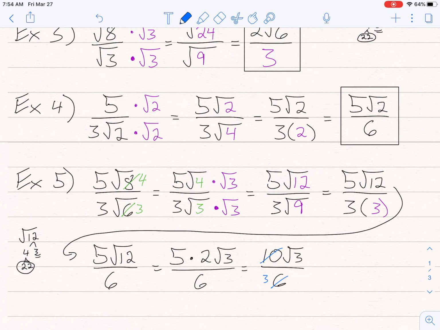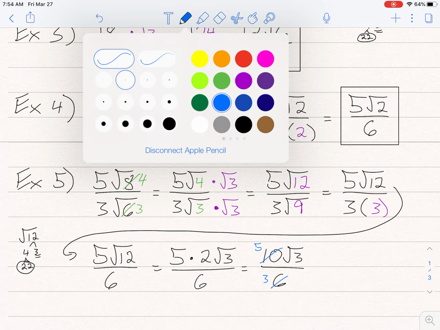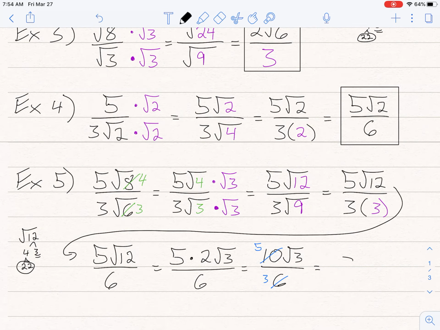So if you divide them both by 2, you get 3 in the denominator and 5 in the numerator. So we get a final answer of 5 square root of 3 over 3. And there you have it. This would be our final answer.